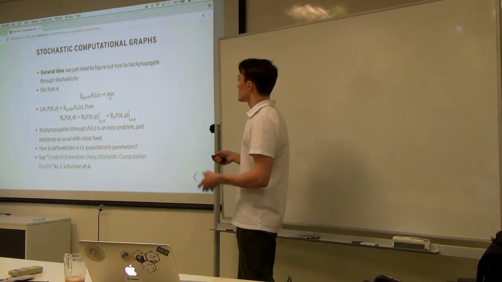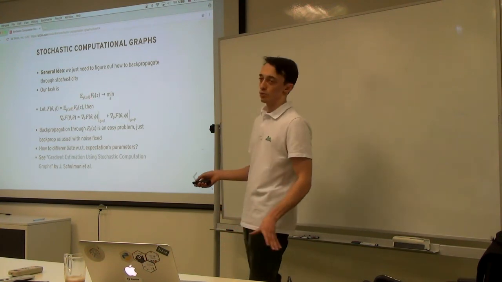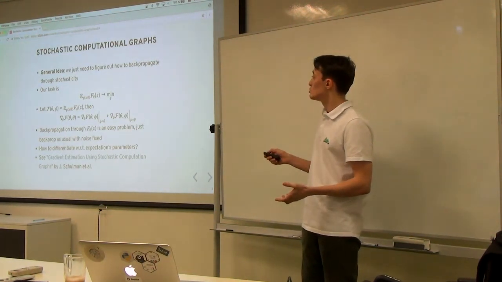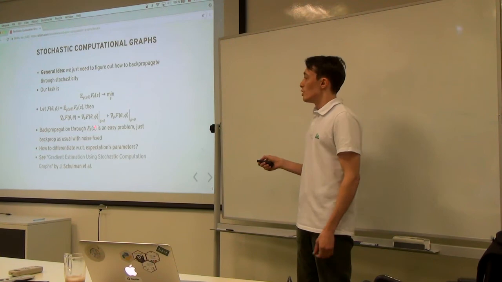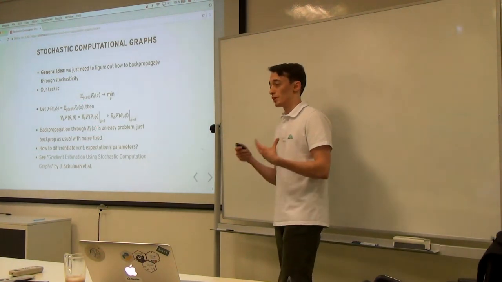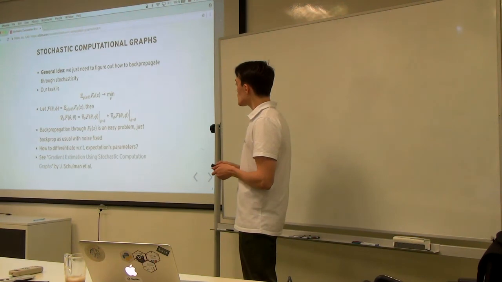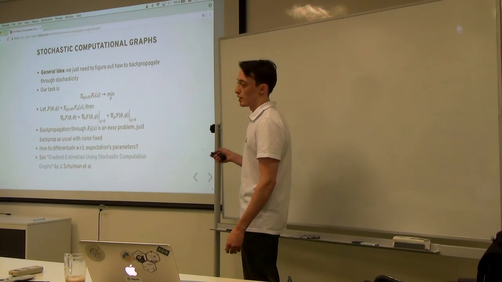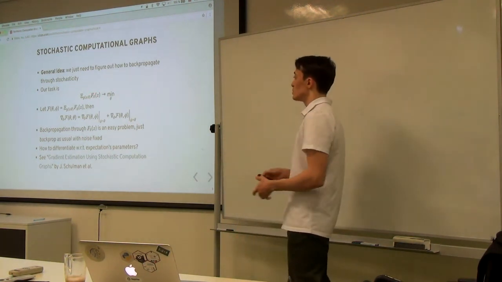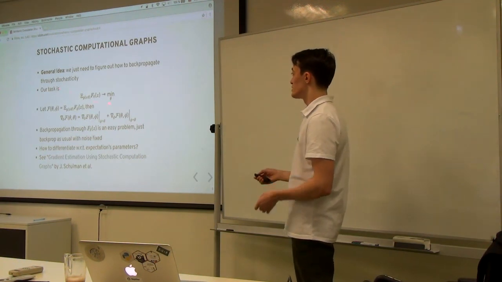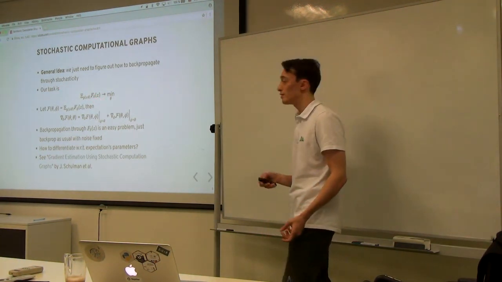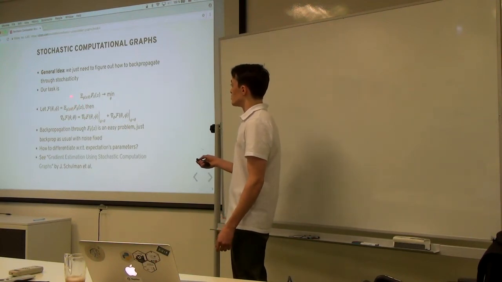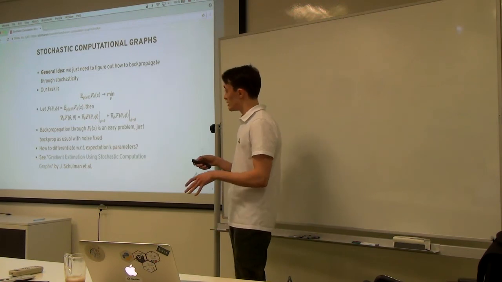In this talk, I assume that there is some f capital of z that would be, for example, a loss function applied to your neural network, and you would like to minimize its expectation where the random samples come from some parameterized distribution. Of course, your function itself can depend on parameters theta, but we will not worry about differentiating f with respect to theta, because that's actually easy. You can see from this formula that the gradient of this whole expression is the sum of two terms.